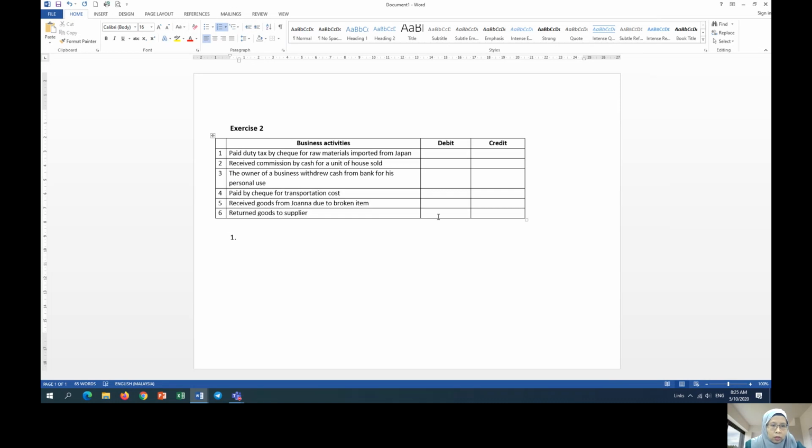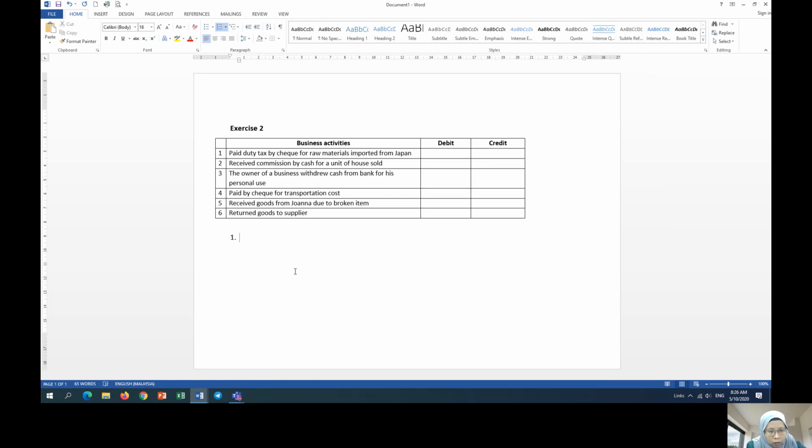For the first question, it said that paid duty tax by check for raw materials imported from Japan. So the activity here is you are paying a duty tax, so it means that this is your expenses and the payment was made by check. So we have 2 accounts here.